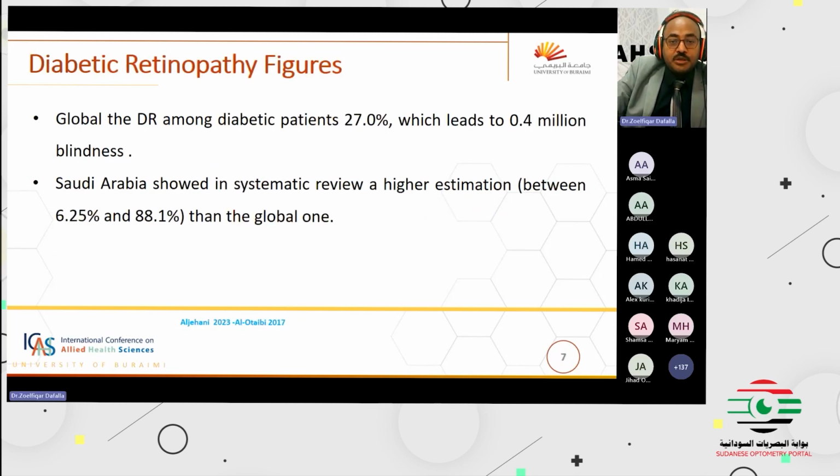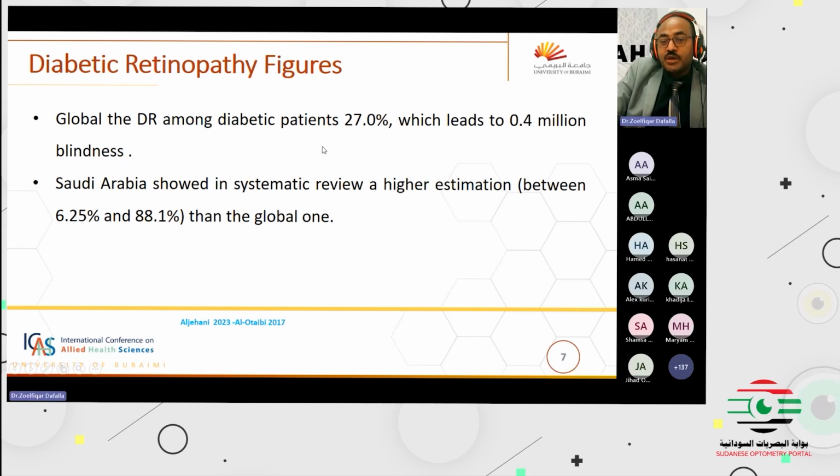According to diabetic retinopathy figures, globally it is around 27%. That means 27% of diabetes patients, which led to 400,000 blind people because of this disease.